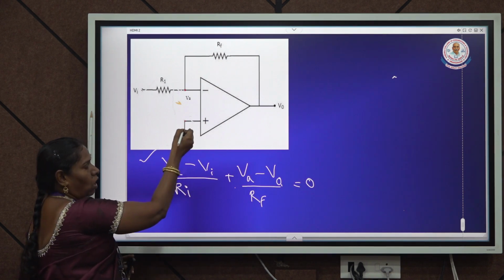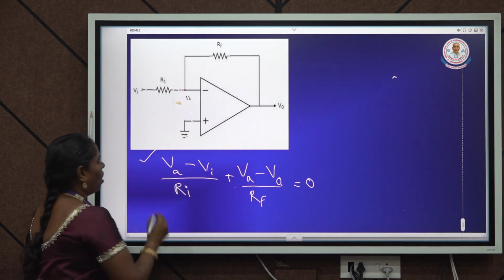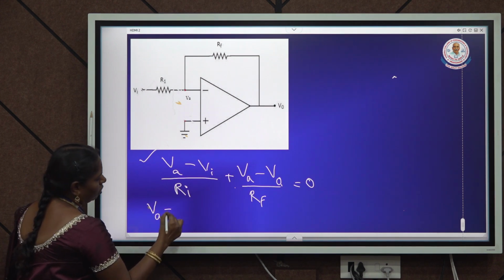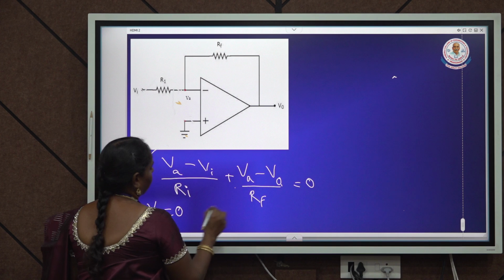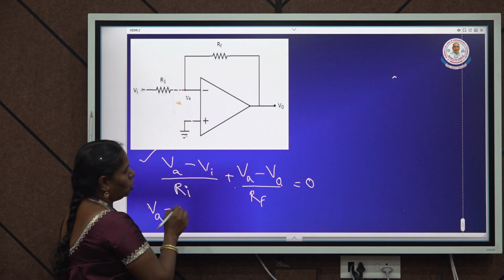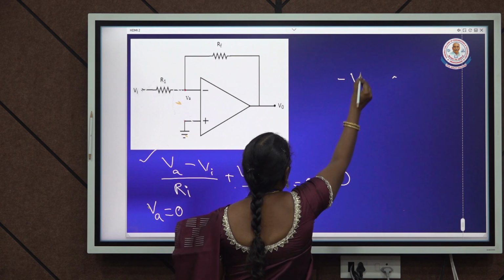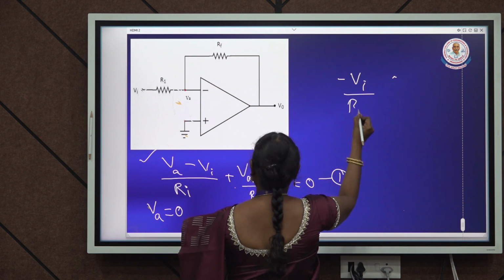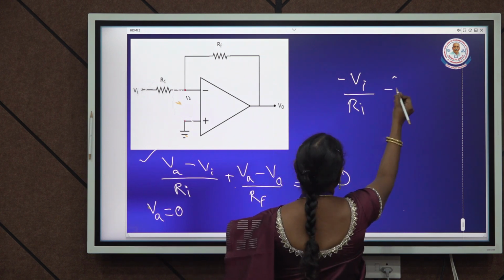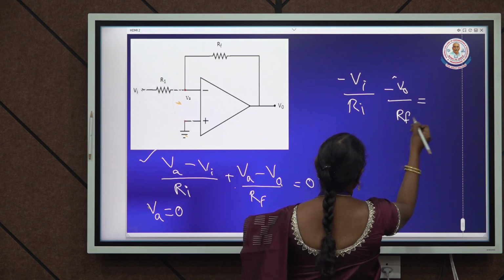So VA is 0, and equation number 1 can be rewritten as minus Vi divided by Ri minus V naught divided by Rf equal to 0.